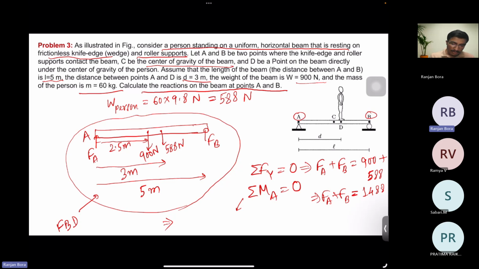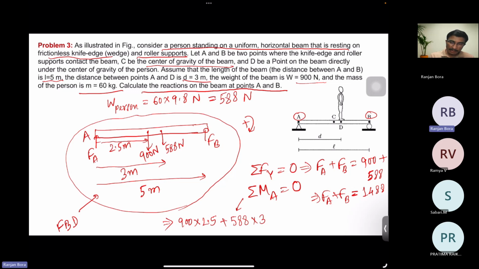Next, we'll take the clockwise direction as positive. Using this moment equilibrium equation, we'll get 900 multiplied by 2.5 plus 588 multiplied by 3.